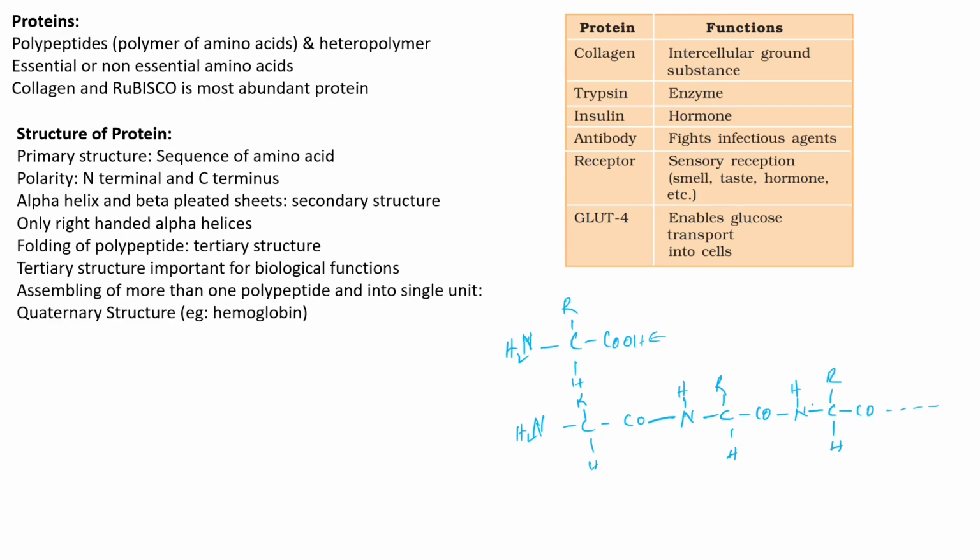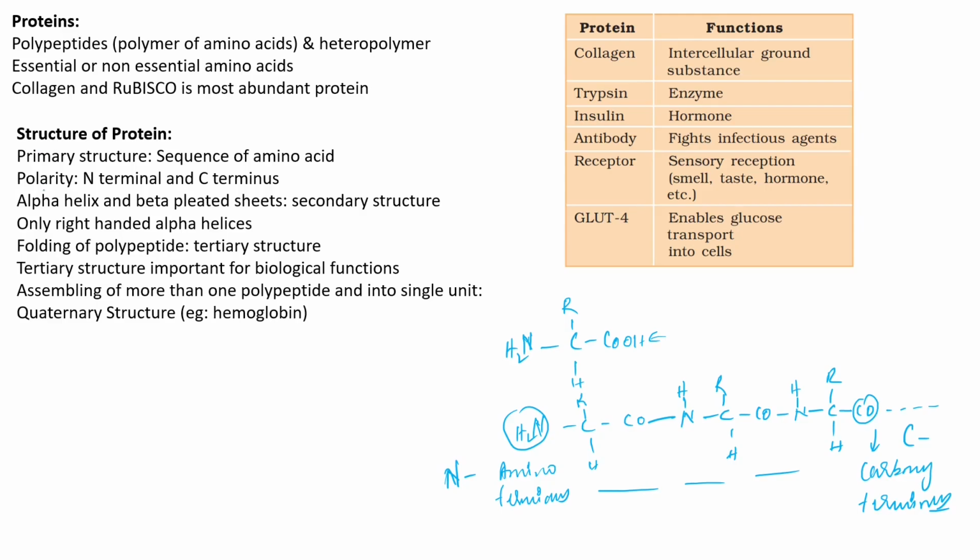You can see that the first part is the amino terminus, and the last end is the carboxy terminus. Hence we refer to the amino terminus as the N terminus, and the carboxy end as the C terminus. So this is the general structure of a linear protein.